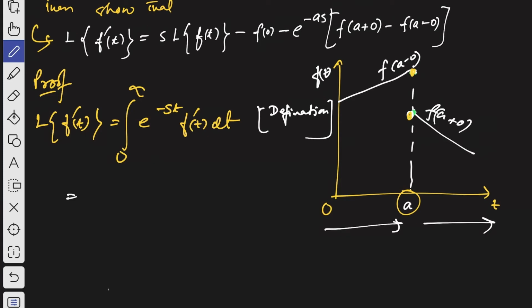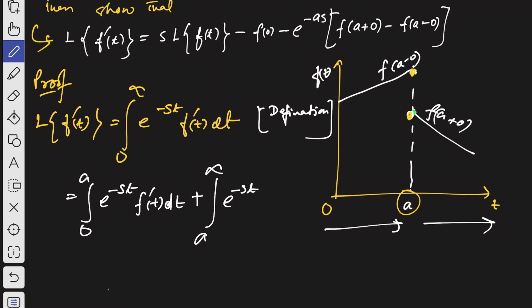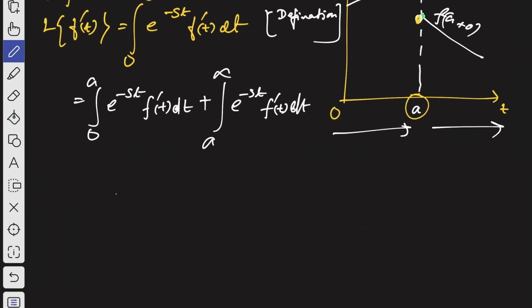If you do that, then you can write 0 to a e to the power minus st derivative of f of t dt, plus a to infinity e to the power minus st f dash of t dt. That's how we can write.